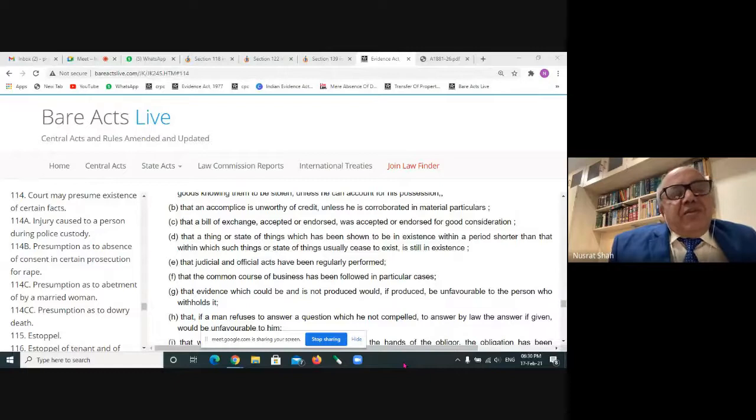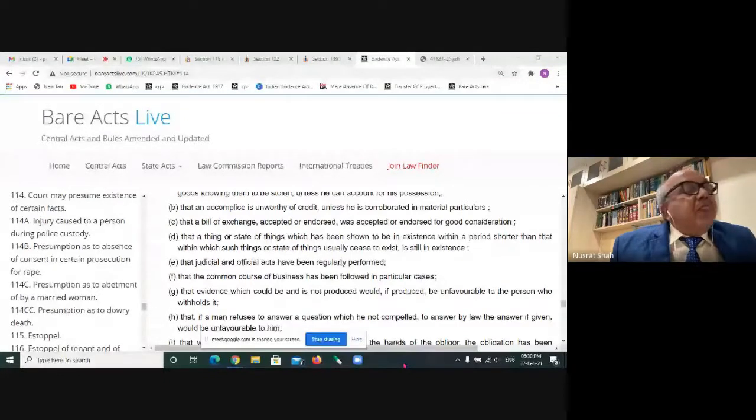If the judge has recorded a finding and it goes against you, and you have not filed an appeal, then the order has reached finality. So the judicial act has been properly followed and performed.